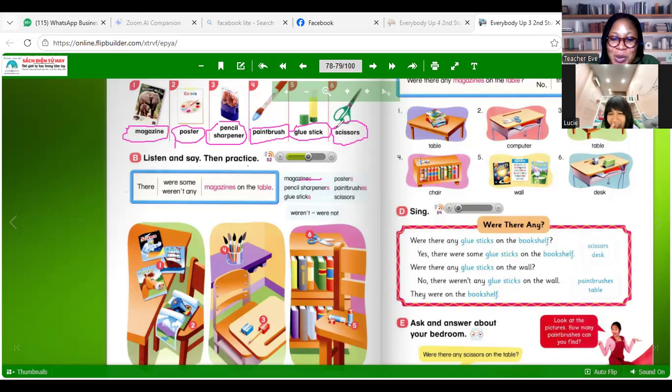Scissors. Scissors. Good. So one more time. Let's pronounce it again.